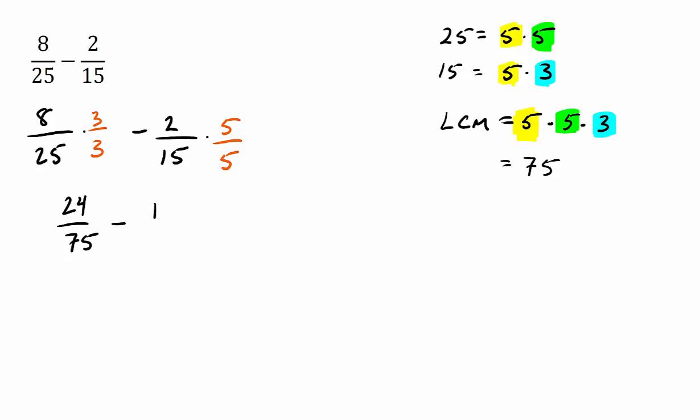Take away, this will be 10 over 75. And now that these are over the same denominator, I can copy down my denominator and subtract. 24 take away 10 is 14. 14's even, 75's odd. There are no numbers that divide into both of those, so this is a simplified final answer.